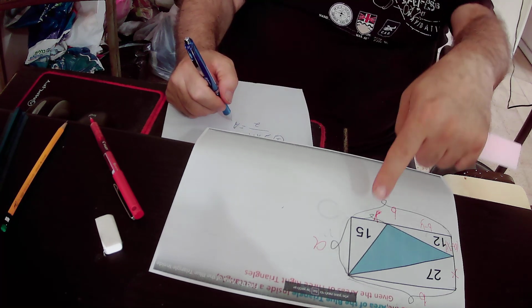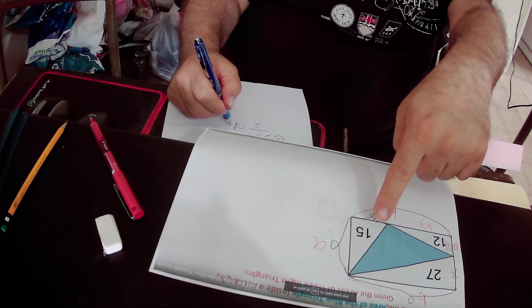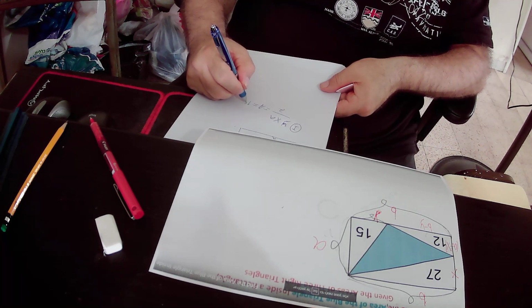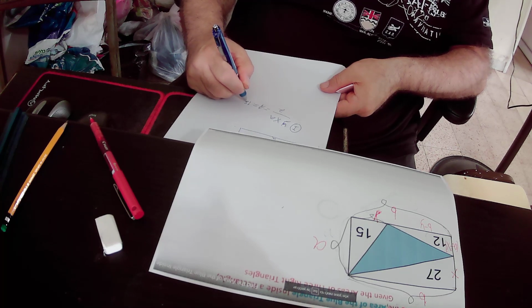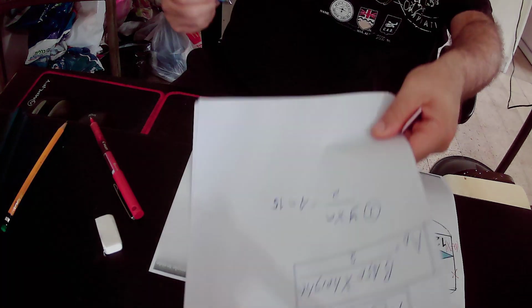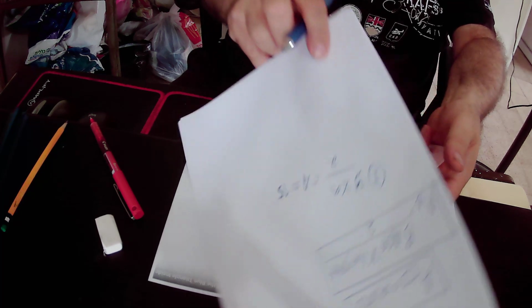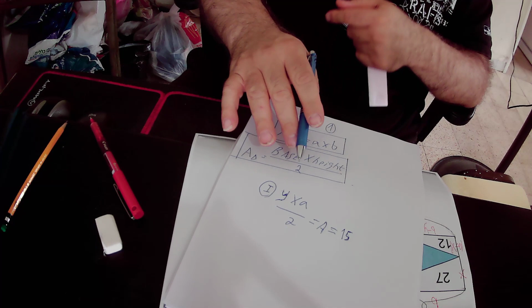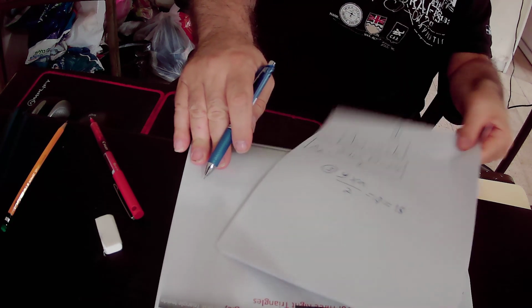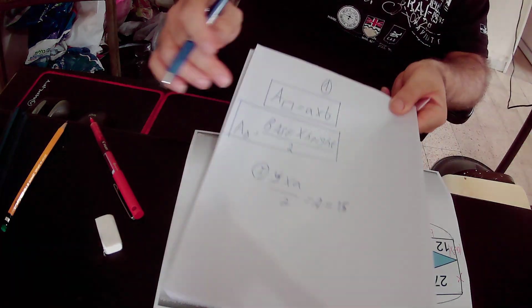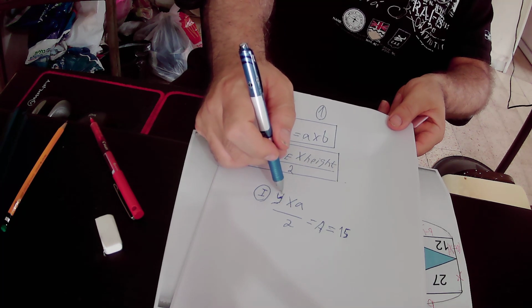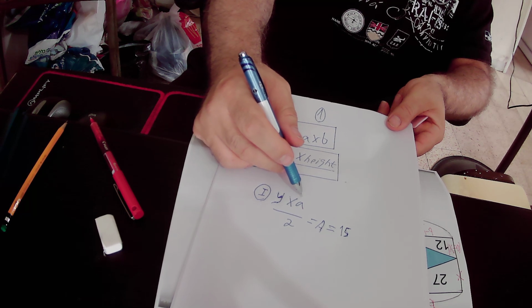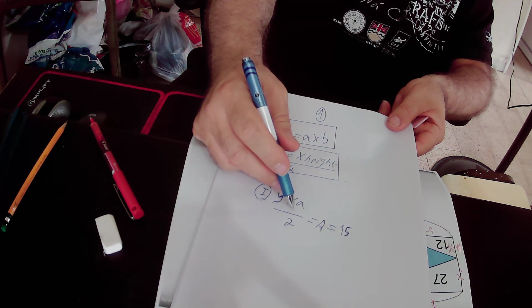But we already know that the area equals 15 units, so we can add to the formula that the area equals 15 units.